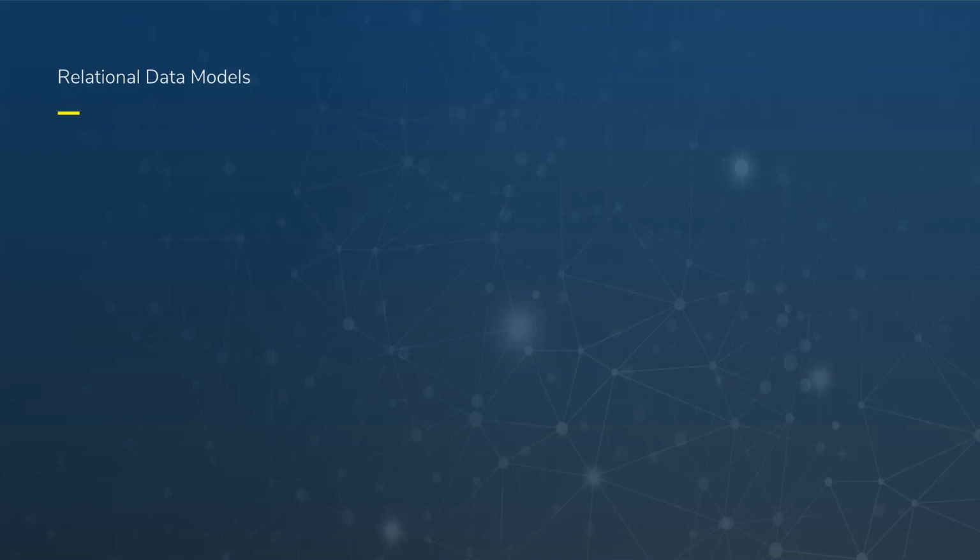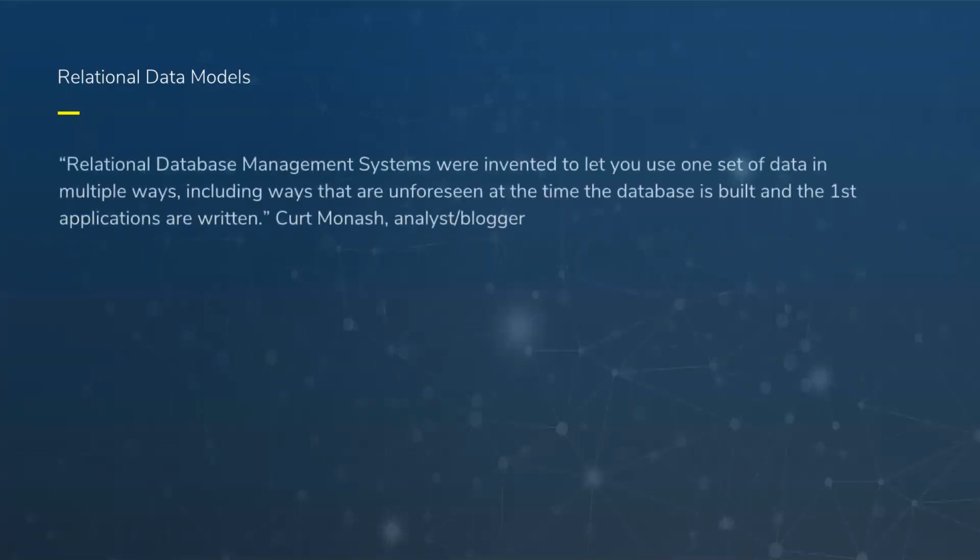The database management systems that use the relational data model are called relational database management systems. Kurt Monash and Alice Blogger define that relational database management systems were invented to let you use one set of data in multiple ways, including ways that are foreseen at the time the database is built and the first applications are written.